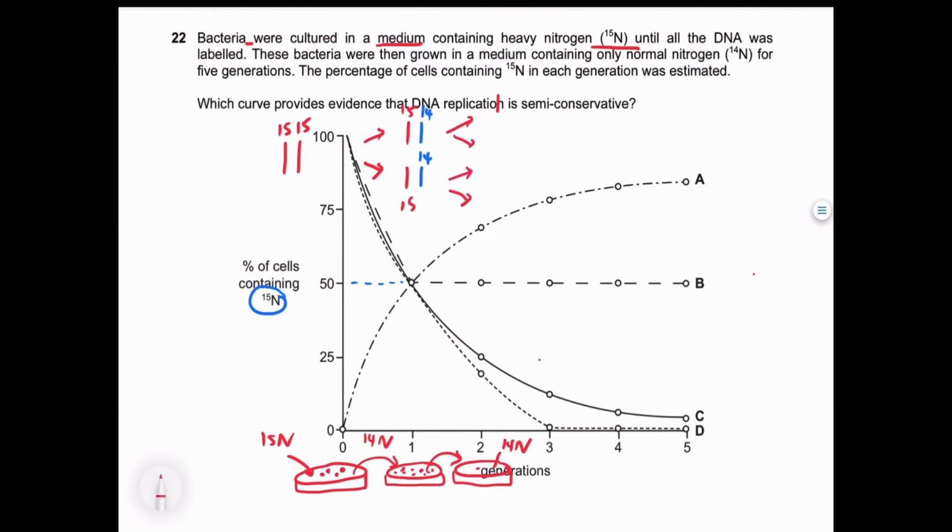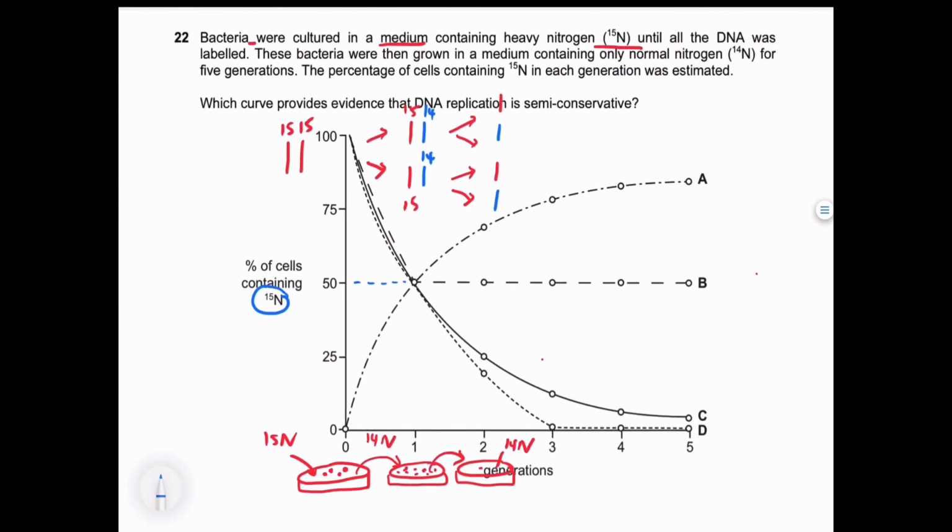Now they have one strand of 15N each as a template, and the other template is made of 14N. The new DNA strand made will still be 14N since they are fed with 14N nitrogen, so your new strand will be all 14N nitrogen. In the second generation, you realize that the ratio of 15N to 14N is getting lesser.